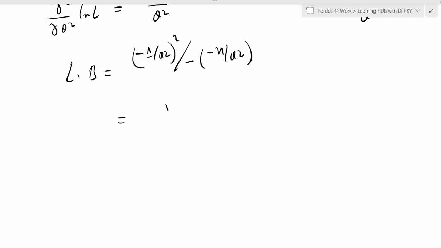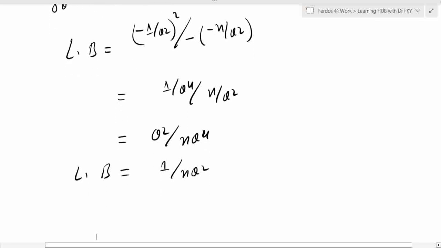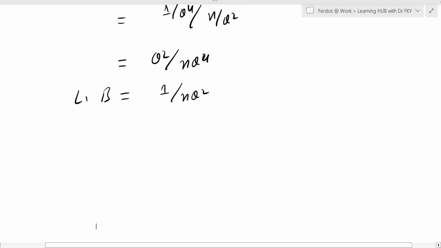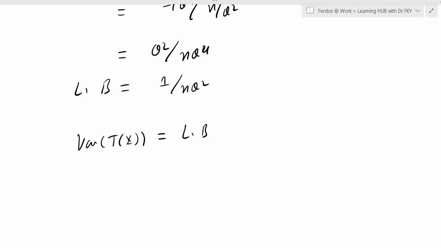So this is equal to 1 divided by theta to the 4, divided by n divided by theta square, and that is equal to theta square divided by n theta to the 4, which is equal to 1 divided by n theta square, the lower bound. So in this case, for this distribution, the variance of t of x is equal to the lower bound of the variance for this estimator.